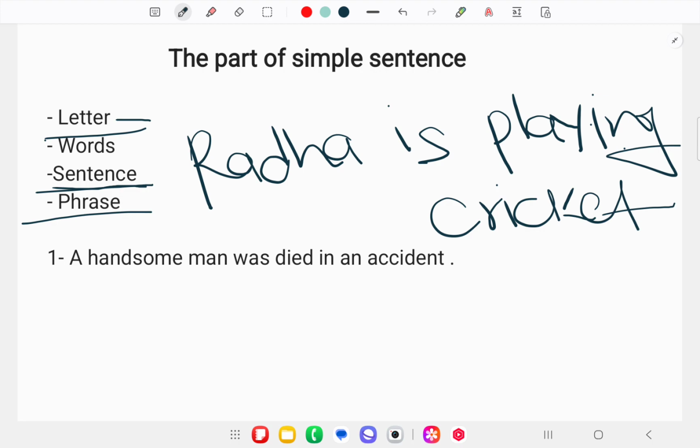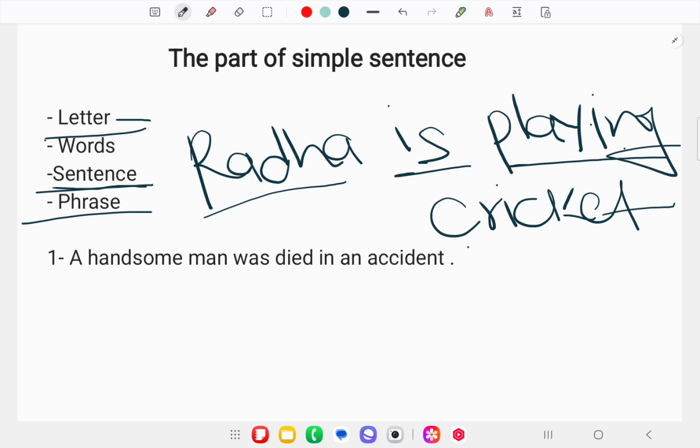So here we can see that Radha is playing cricket. It means that we have a combination of words, a grouping of words, and this grouping of words follows the rules of grammar and gives meaning.